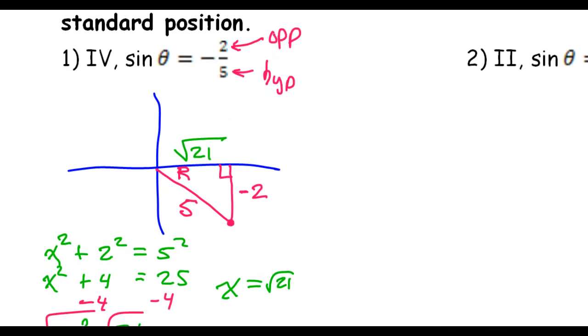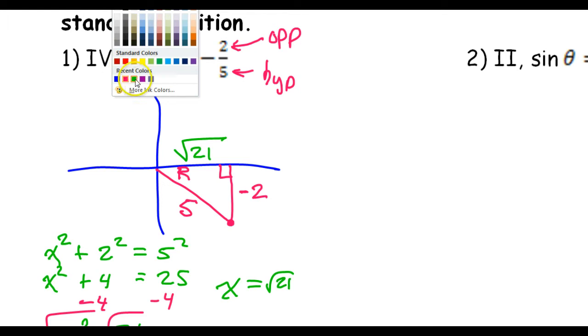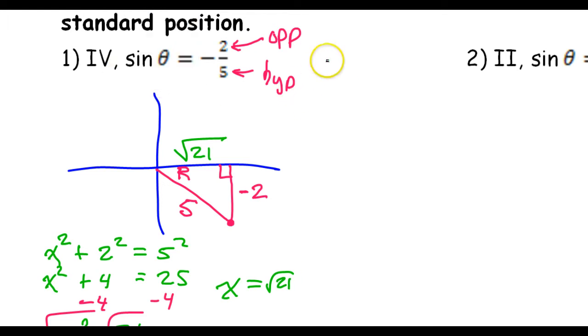So now I'm supposed to write the 6 trig functions based on this. So here I go. Let's start with the one I already know, sine of theta. By the way, this radical 21, can I just leave it positive or do I need to put a negative sign in front? I'm going to leave it positive because it's to the right and x values are positive to the right.